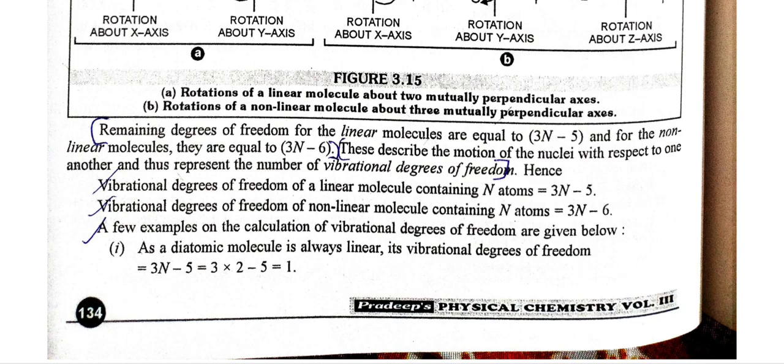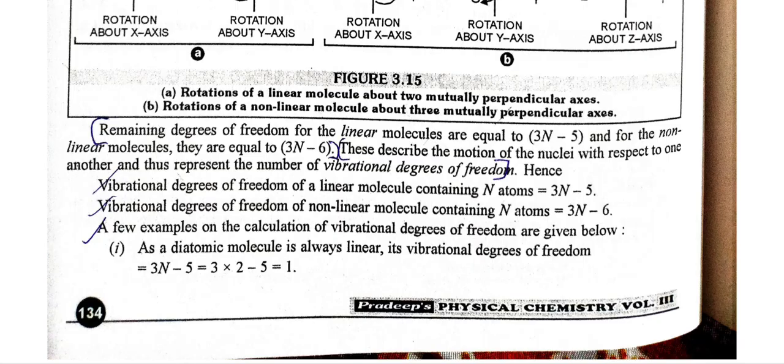They describe the motion of the nuclei with respect to one another and thus represent the number of vibrational degrees of freedom. The vibrational degrees of freedom of a linear molecule containing n atoms is 3n minus 5. The vibrational degrees of freedom of a non-linear molecule containing n atoms is 3n minus 6.